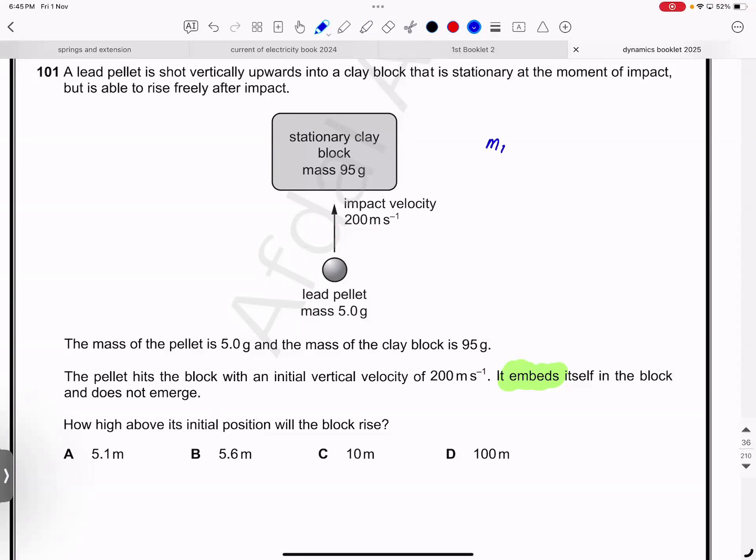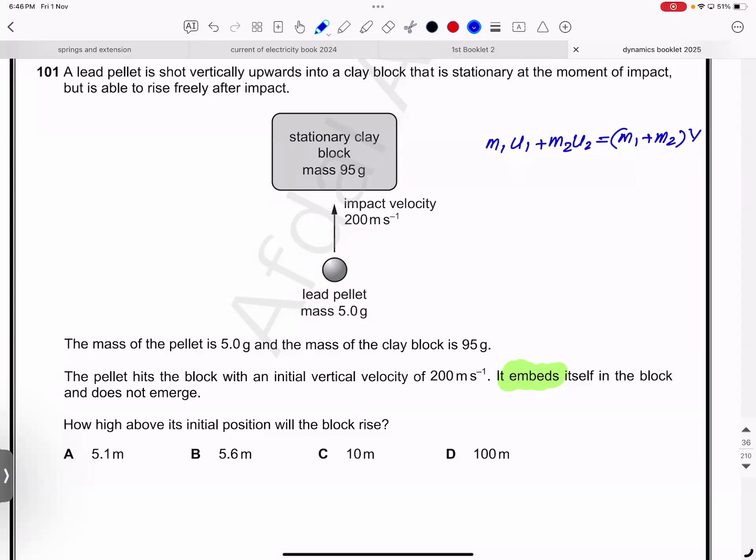M1, U1, M2, U2, equals M1 plus M2 into V. Wait a moment, it's a very long question. First, we will see at what velocity they both start to move together. Can I just keep grams, all of them? Yeah.